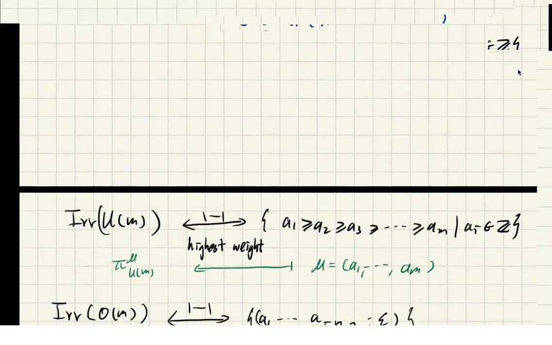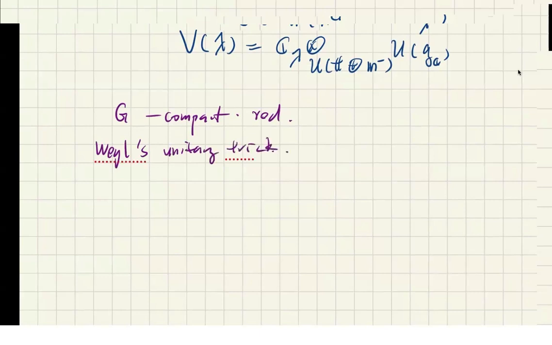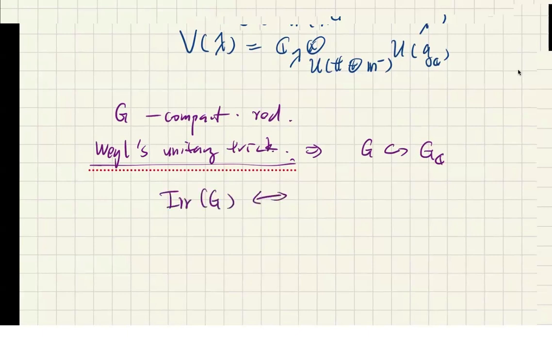For this group G, which is a compact reductive group, we basically use Weyl's unitary trick to show that G can be put inside a complex group G_C, and then irreducible representations of G are in 1-1 correspondence to irreducible algebraic representations of G_C.